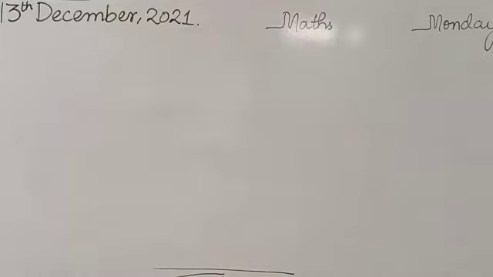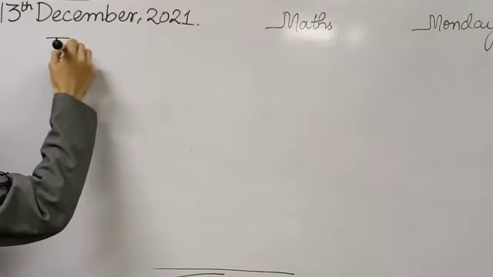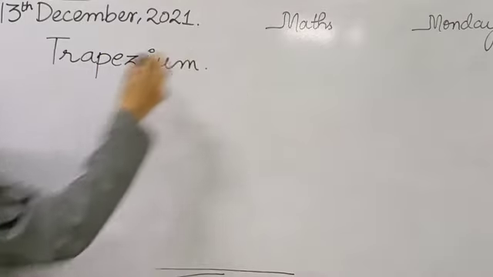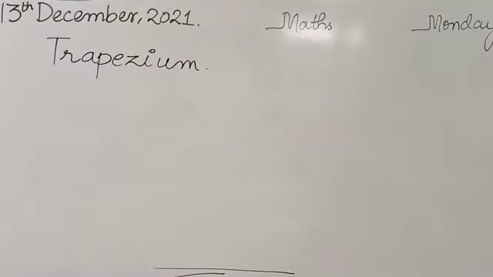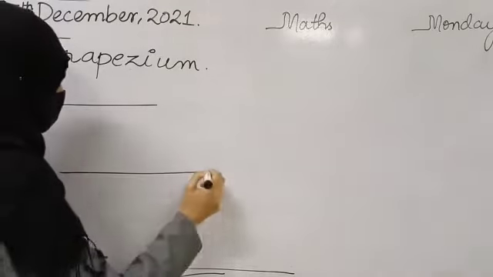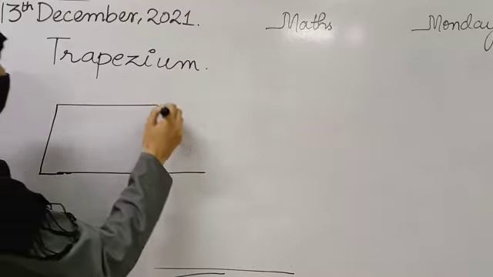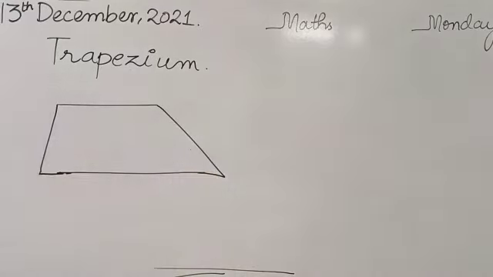What is a trapezium? What type of quadrilateral is it? A trapezium is a four-sided shape having two parallel sides and the other two sides are non-parallel sides. Okay, for example, in this figure we have two parallel sides and the other two sides are non-parallel.